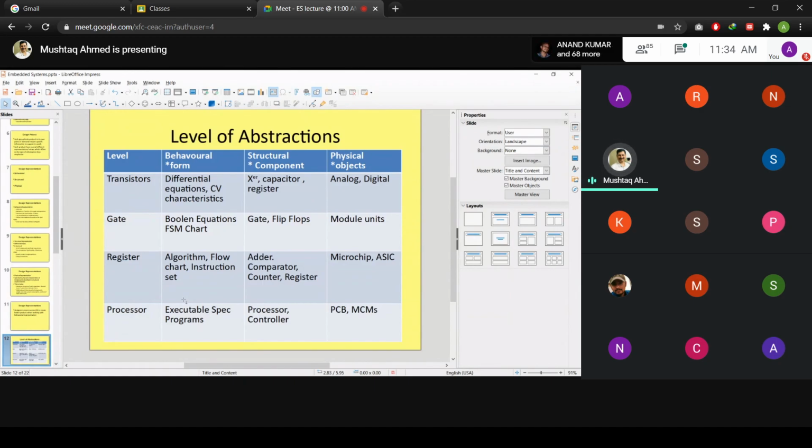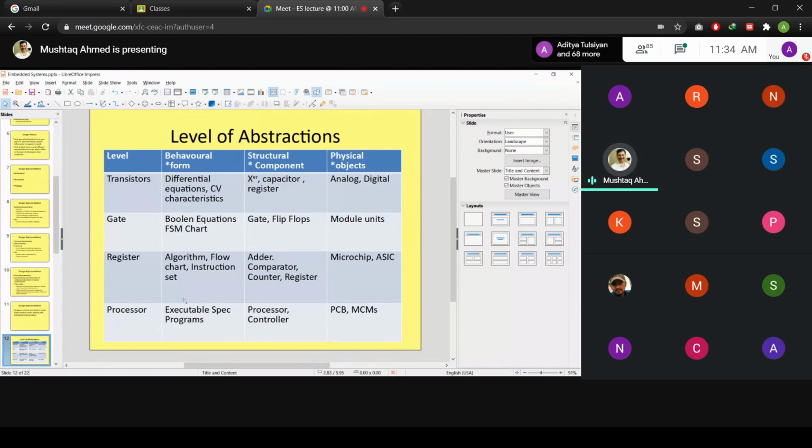So in that case, the characteristic equation would be A into B bar. That is the representation of the NAND gate, and so usually the Boolean function and different types of functional operations for the gate we can easily define.